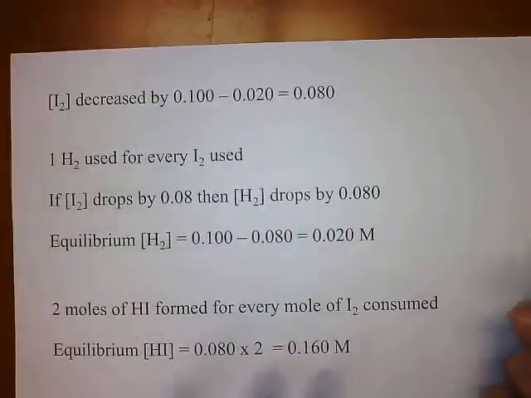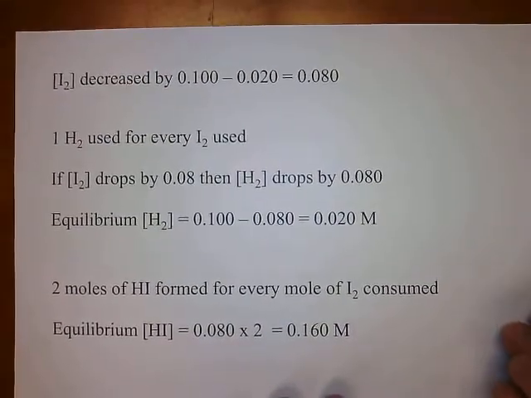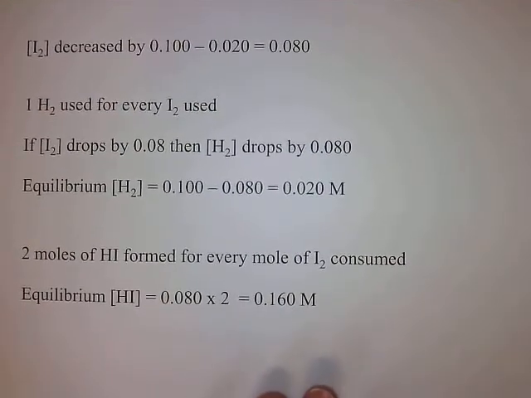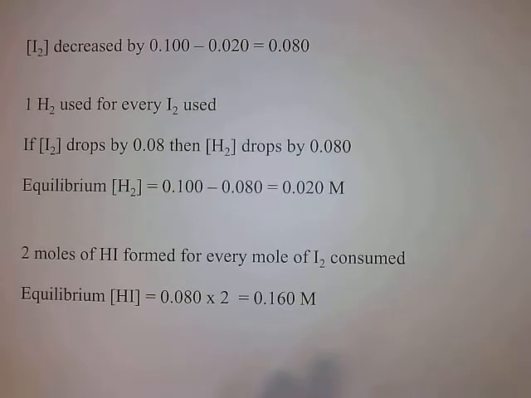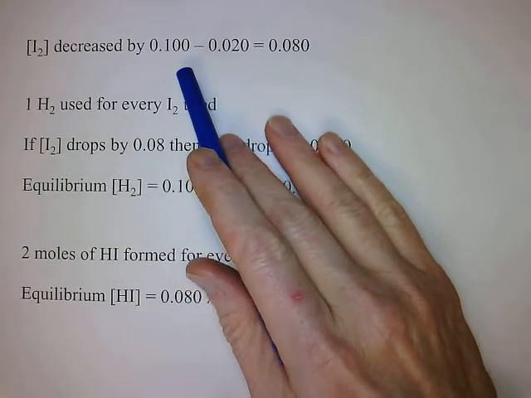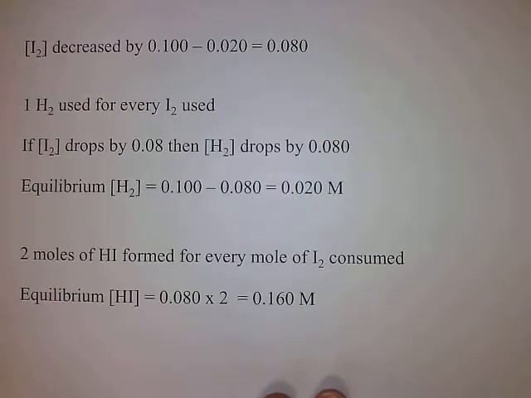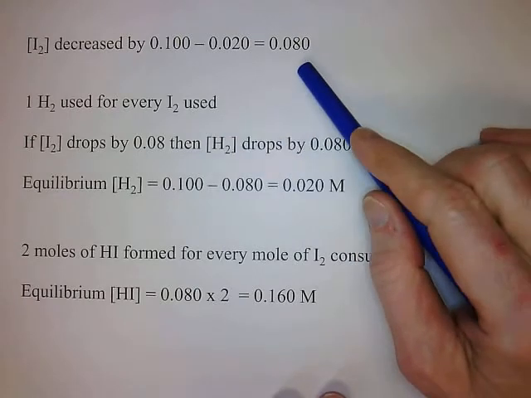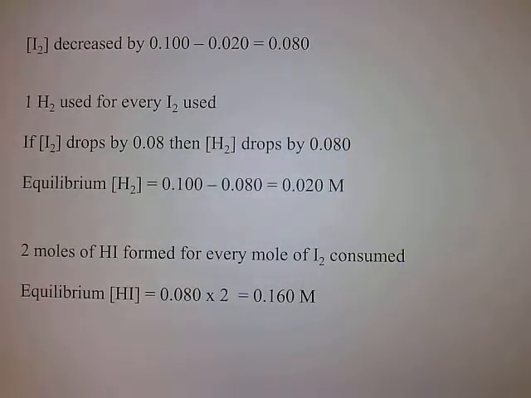Okay. So now we note that the concentration of I2 had decreased by 0.080. In other words, the starting concentration was 0.1 molar, and the finishing was 0.02. So the concentration changed by 0.080.